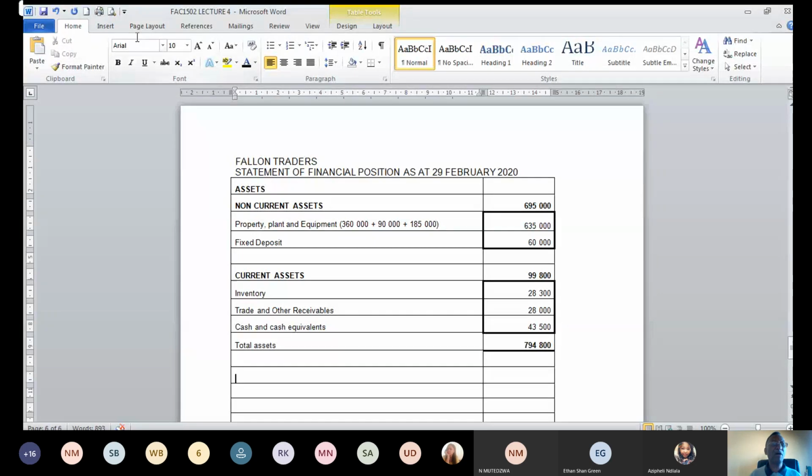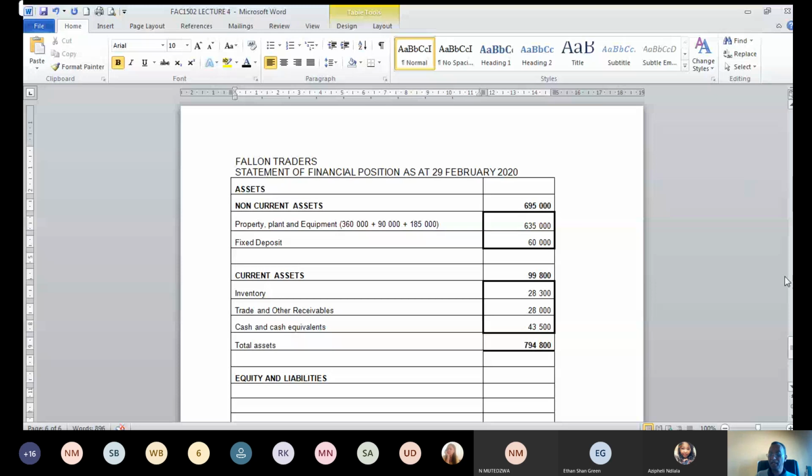The bottom section of your statement now is called equity and liabilities. Equity and liabilities, which is the bottom section of your statement.